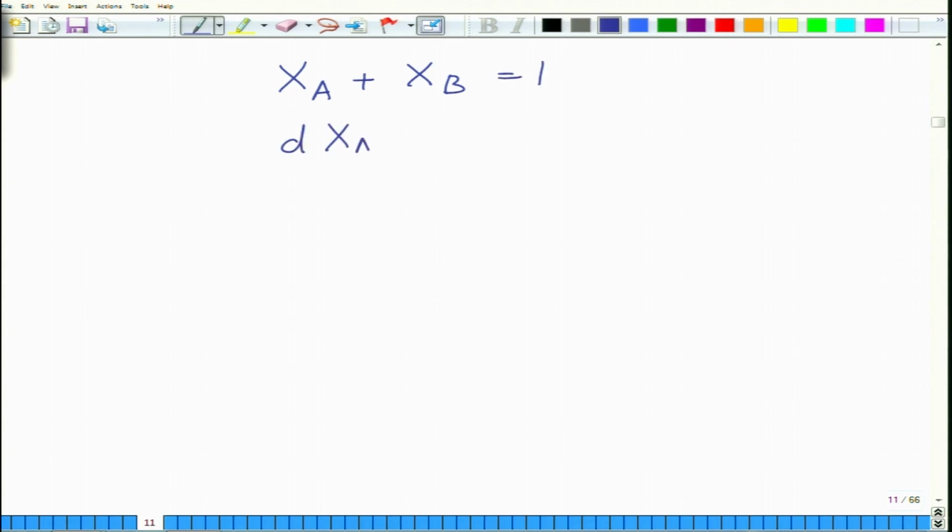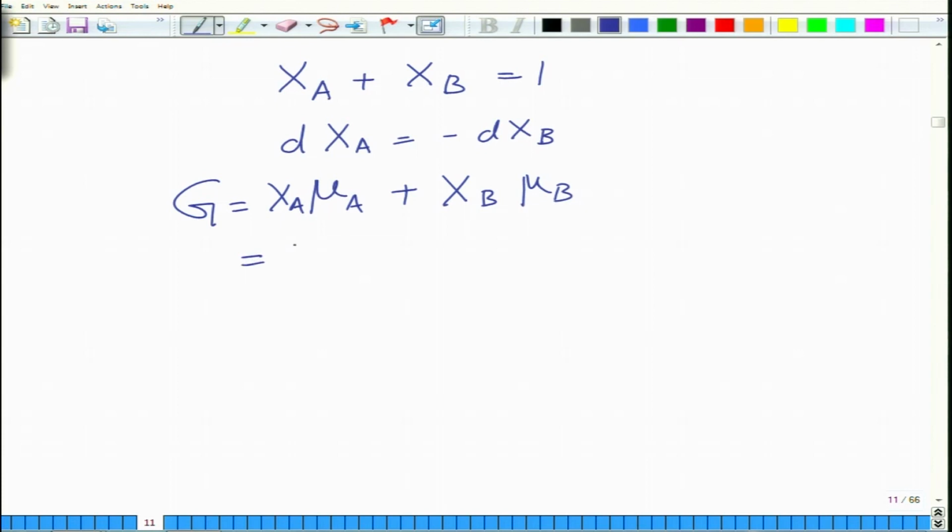So we can write dXA is equal to minus dXB, and we are writing G as XA mu A plus XB mu B, and we can write this as XA GA plus XB GB plus RT XA ln XA plus RT XB ln XB.